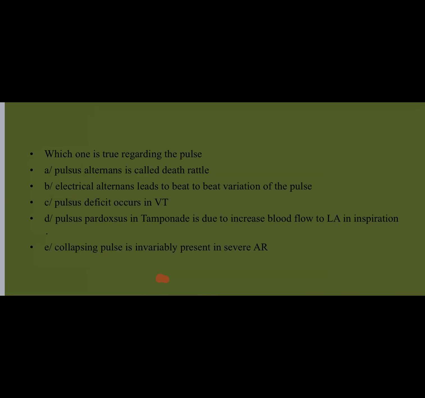B: Electrical alternans leads to beat-to-beat variation of the pulse. C: Pulsus deficit occurs in VTAC. D: Pulsus paradoxus in tamponade is due to increased blood flow to the LA in inspiration. E: Collapsing pulse is invariably present in severe AR.